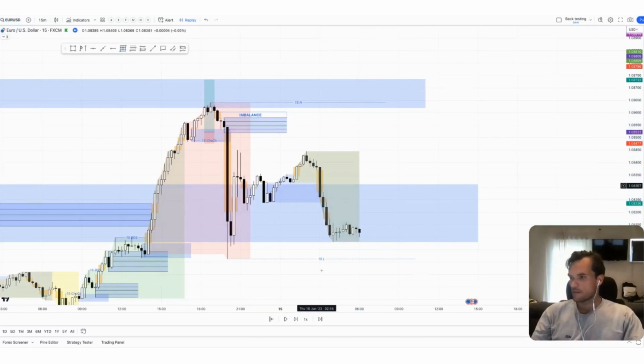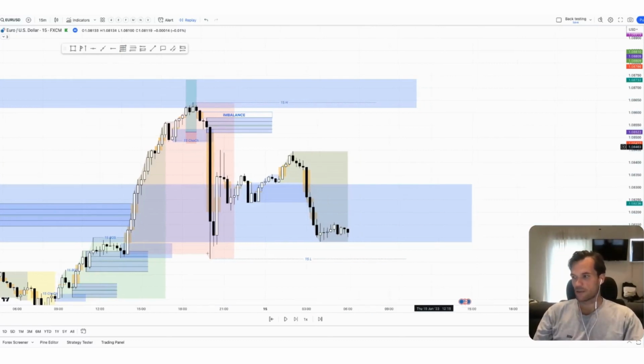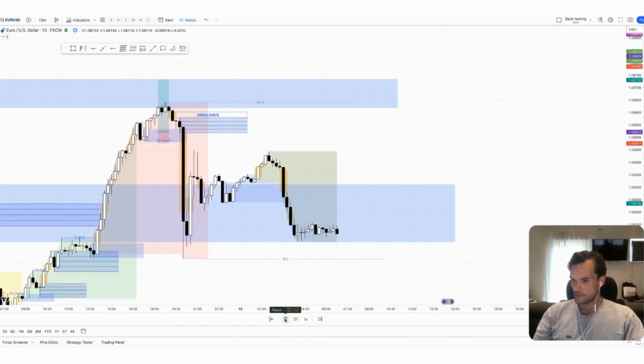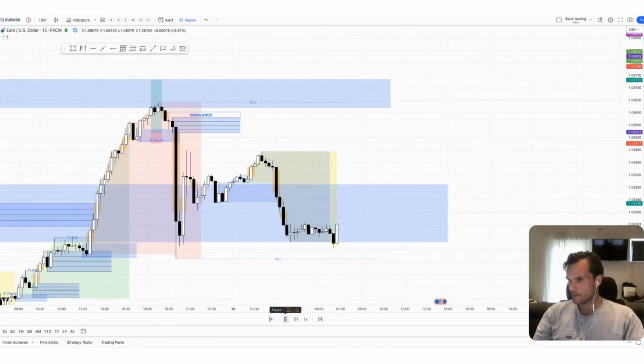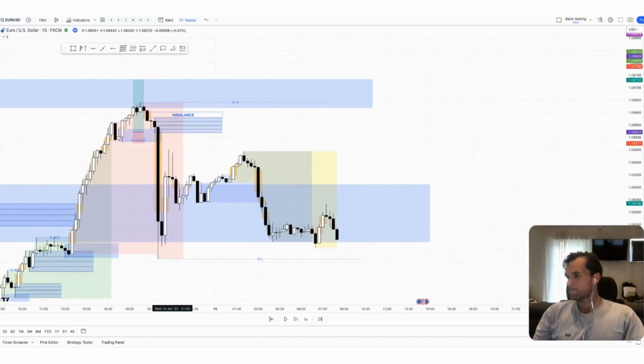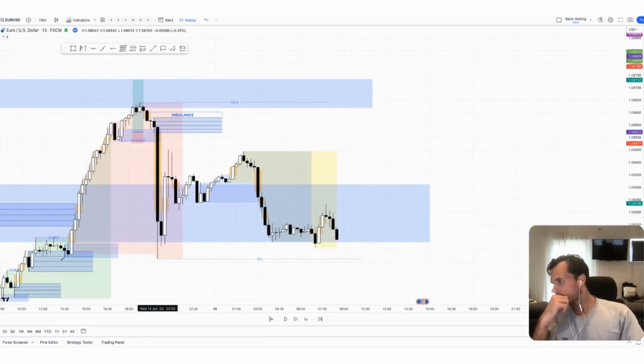Let's wait. Ideally, I want some sort of sweep and reclaim, and then we can look for longs. Don't really like this wick low here that was put in, but alas. Do I like that wick low actually? Might be changing my mind. Did sweep liquidity.